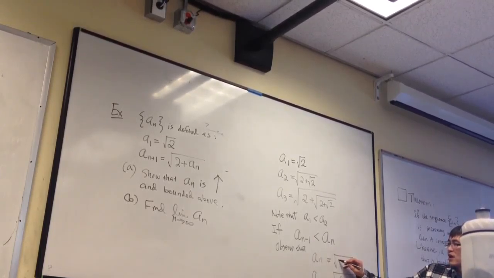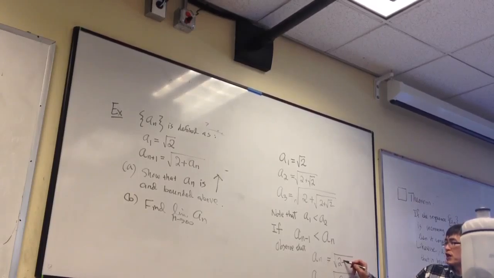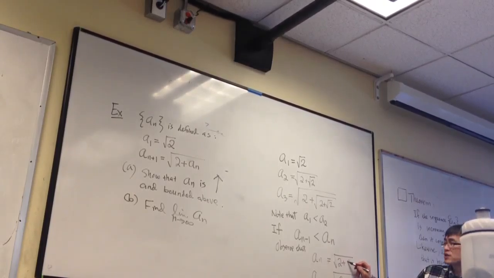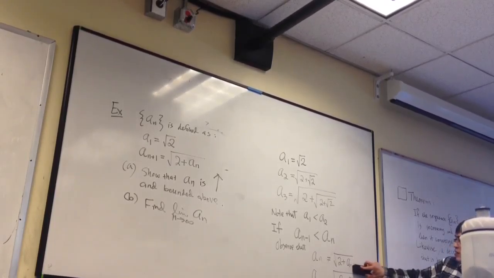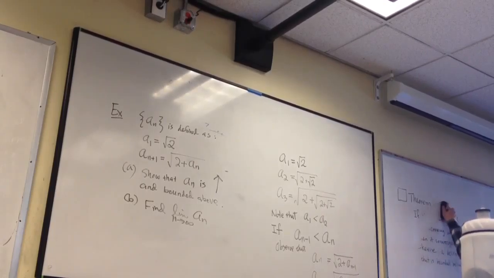And how about AN itself? It will be square root 2 plus the term before it, which is AN minus 1. Very good. Okay?